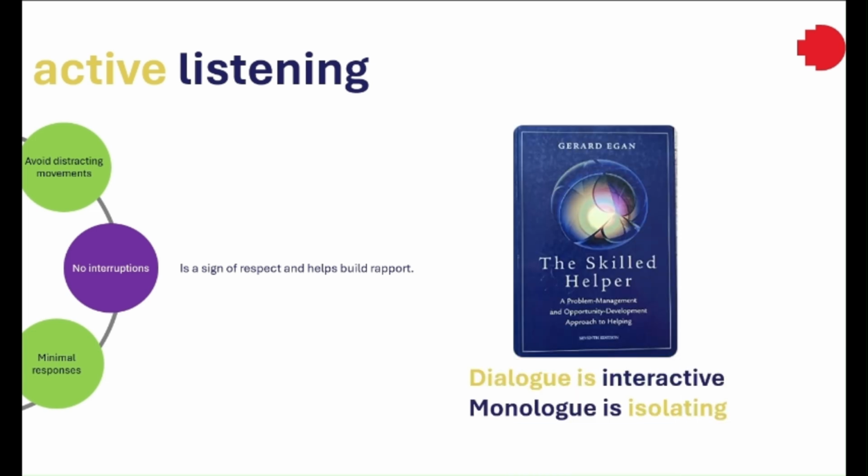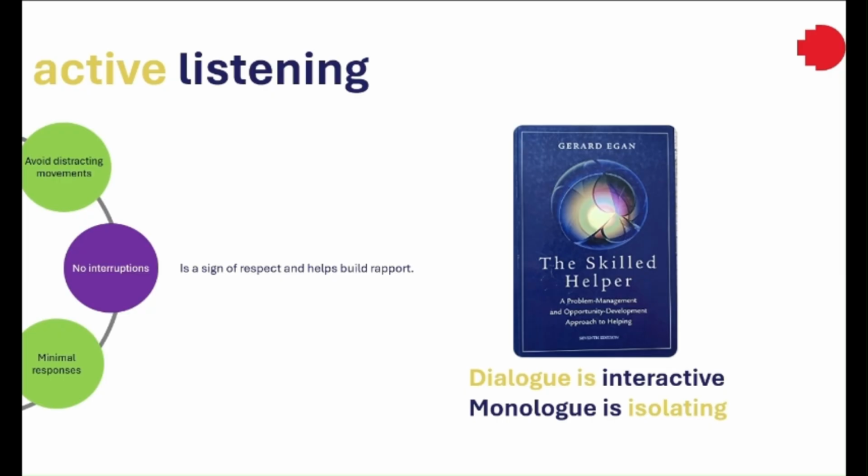In a book called Gerard Egan calls this idea of respecting the other and not talking over other people turn taking. He says that dialogue is interactive and demands engagement, whereas monologues breed isolation.